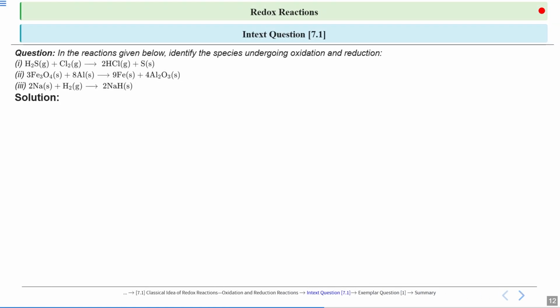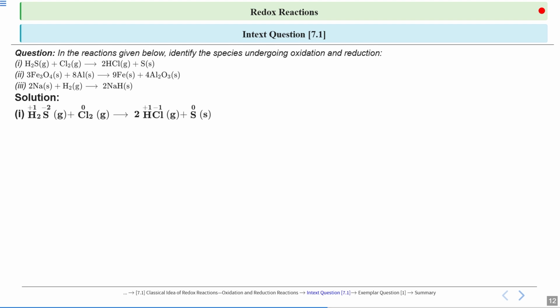So now let's solve this question. For the first reaction, that is H2S reacting with chlorine gives HCl plus sulfur, we have to identify the species which is undergoing oxidation and reduction. As we have studied, there are three different aspects for oxidation and reduction. One aspect is the addition of hydrogen or oxygen or the removal of hydrogen or oxygen.